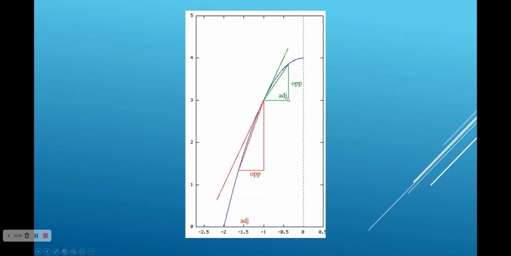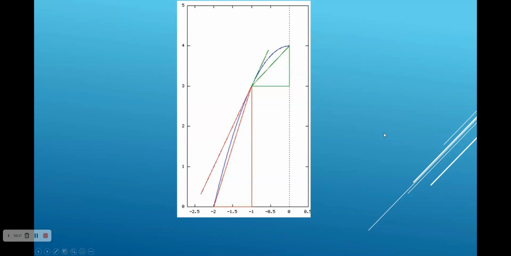This opposite divided by adjacent, giving you the slope of the hypotenuse of the green and of the red triangle, they're each approaching the same number, and that number is going to be the slope of the tangent line at this point right here, negative 1, 3.